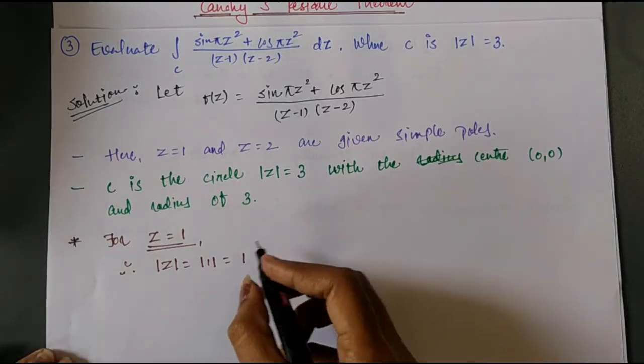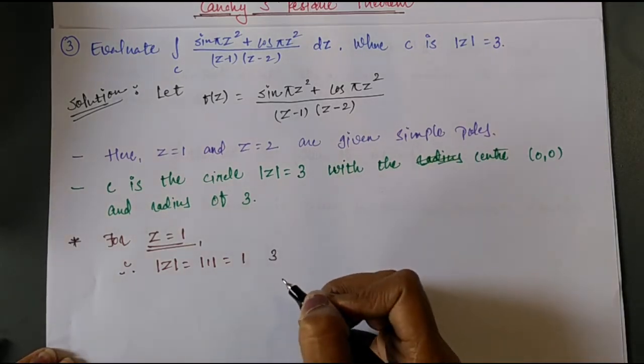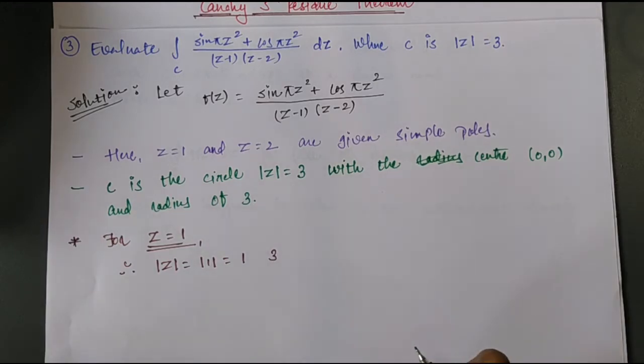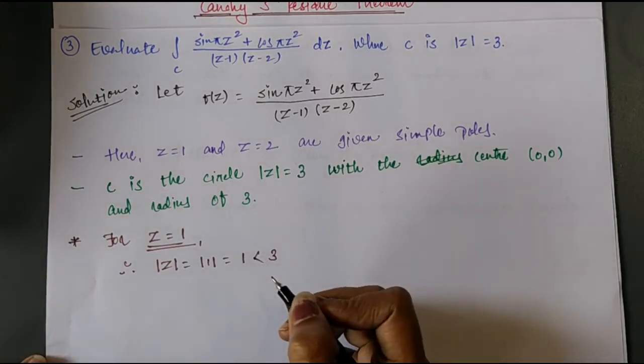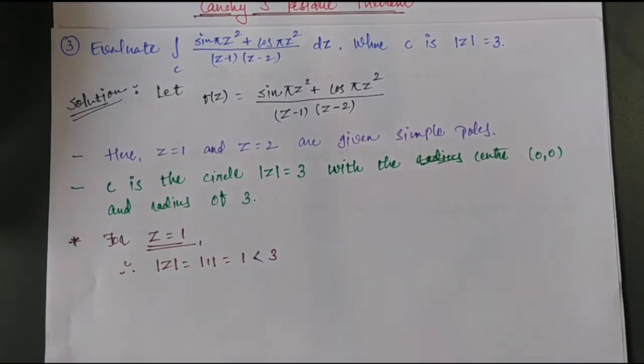You have to compare this with its radius, and here the radius is given 3, and then check whether it is less than or greater than the radius. You can definitely say it will be less than its radius.